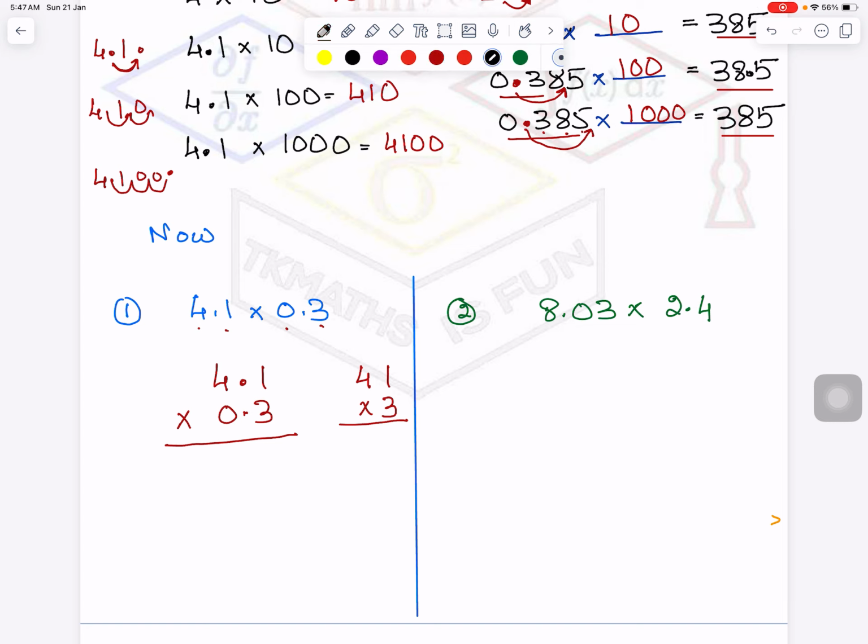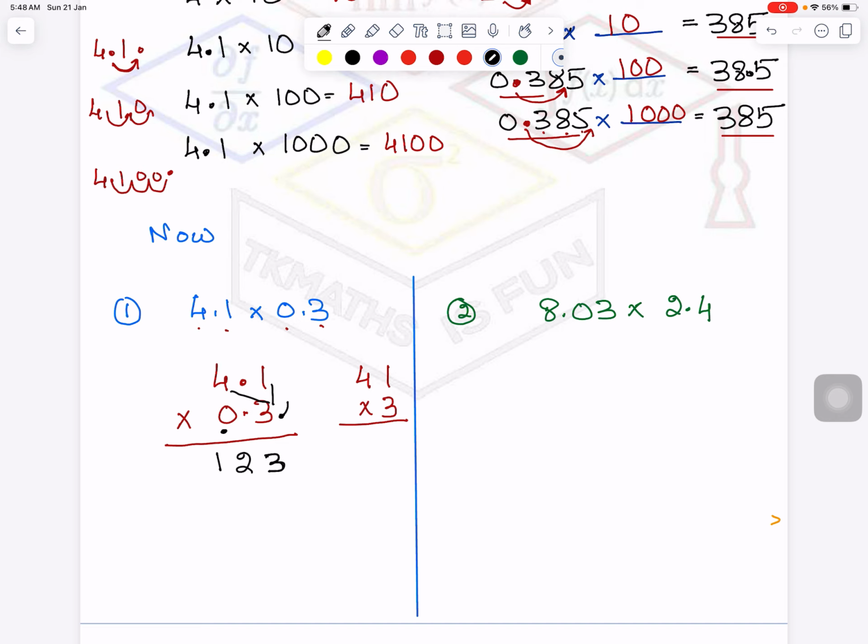Your tables should be very strong at this point. I'm starting with 3. 3 times 1 is 3. 3 times 4 is, because first by 1 and then by 4, I'm totally ignoring the decimal, 3 1s are 3, 3 4s are 12. Then I will start with 0, because instead of 0 there could be another digit also, right?